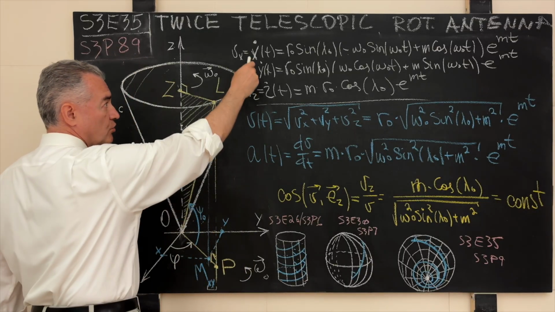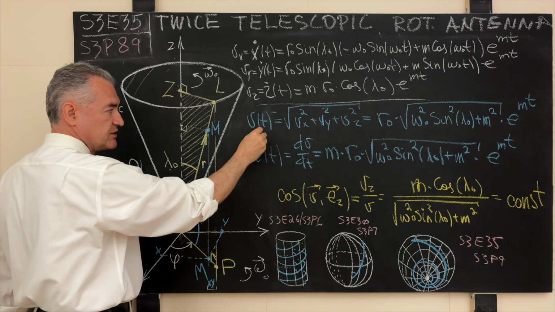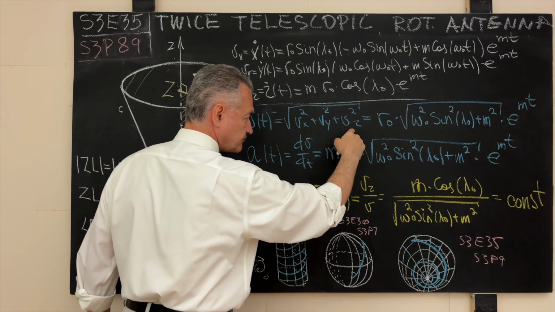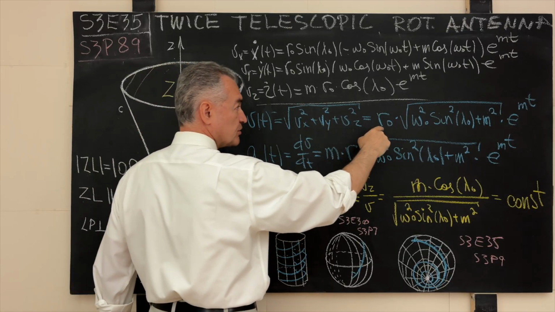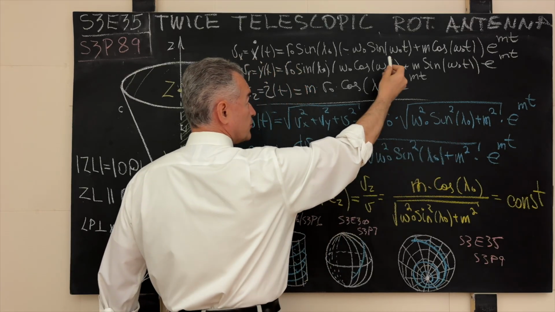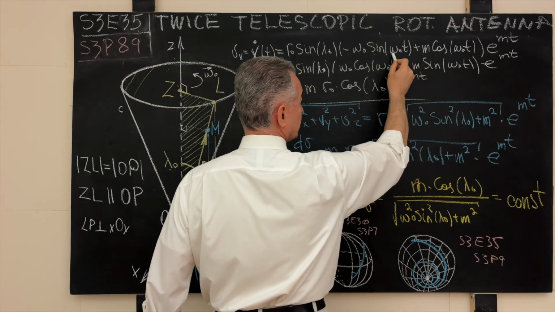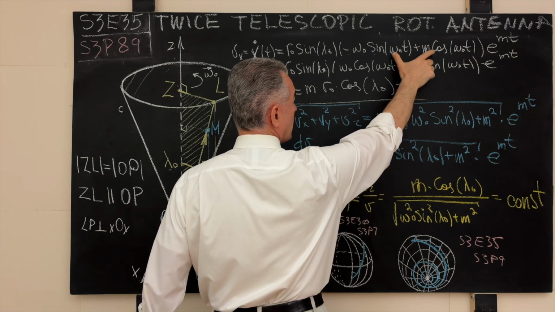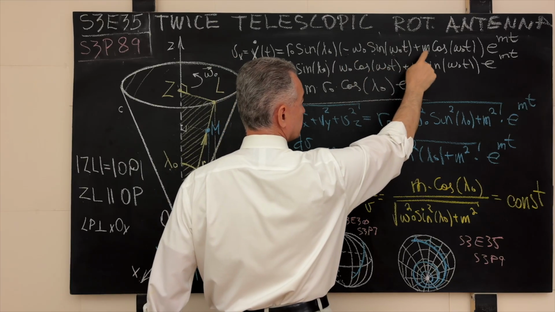And now that we know the components, we know the velocity as a function of time. This is a square root of the squares of its x, y, and z components. Once you do the math, you will fold this into the following expression. Why is that? Once you start squaring these guys, you will see that here there will be twice the product of these two terms with a sign minus, sine and cosine.